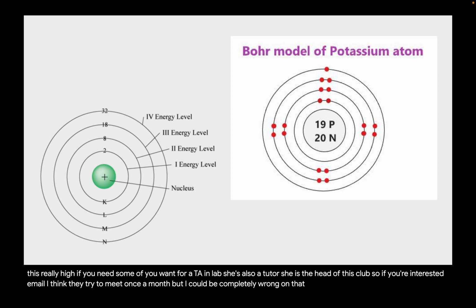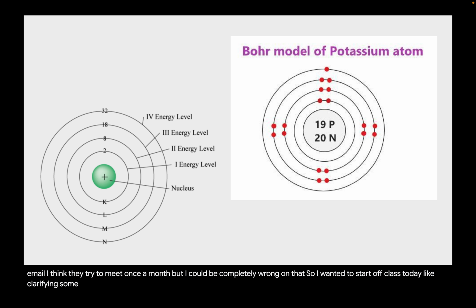All right, so I wanted to start off class today by clarifying some inconsistencies we've seen with drawing atoms. This is on me. This is like the deep recesses of my mind, and I had totally forgotten about this.